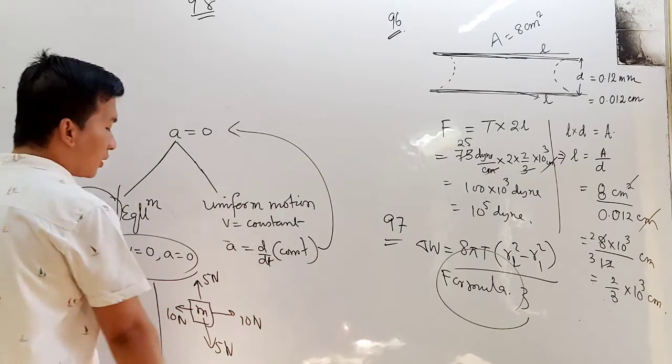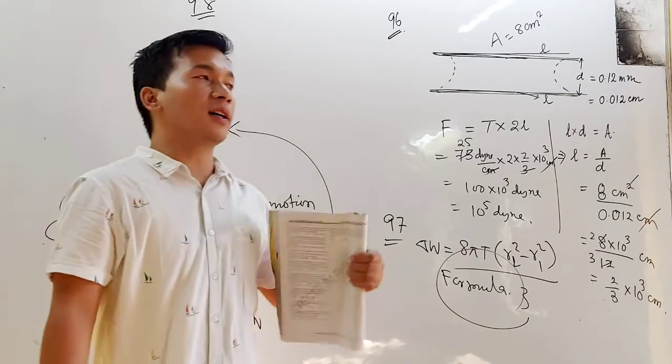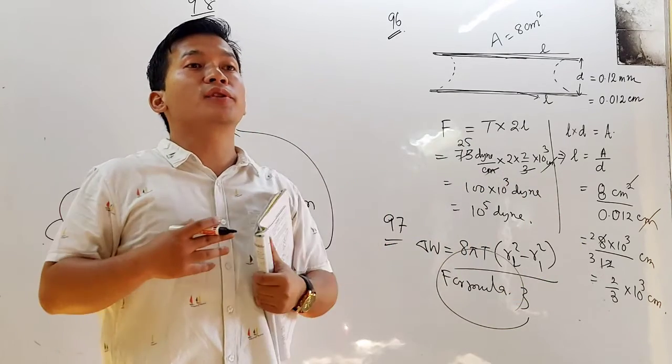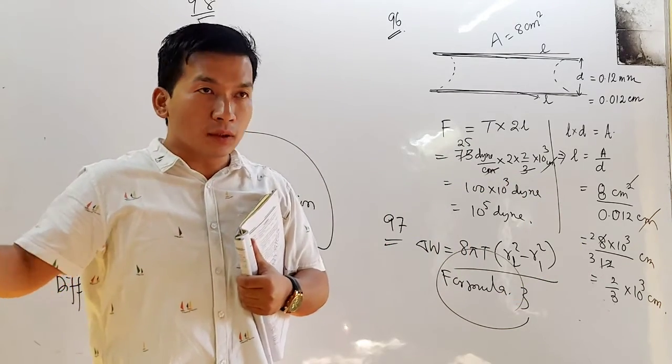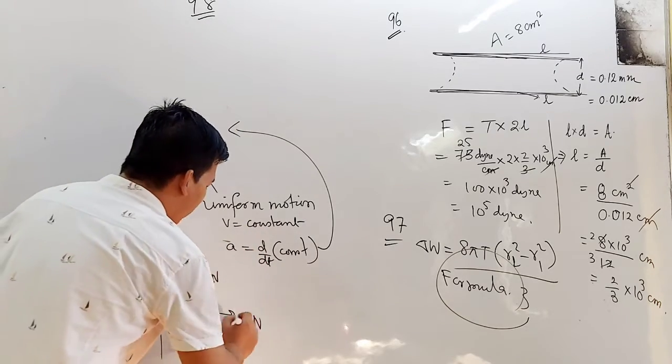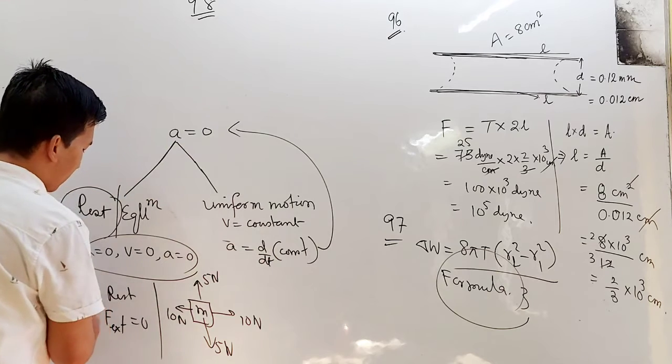The left and right sides are of equal strength, so the position does not change. Here the net force will be equal to 0.